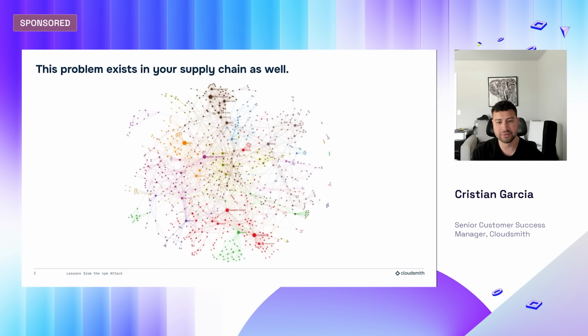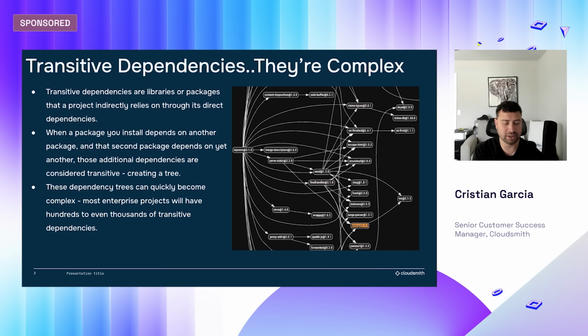I have another visual here that zooms in on a particular package. And we can actually get into transitive dependencies for those that may not be aware. Your transitive dependencies are libraries or packages that your project indirectly relies on through its direct dependency.